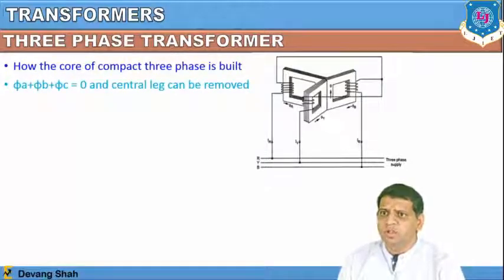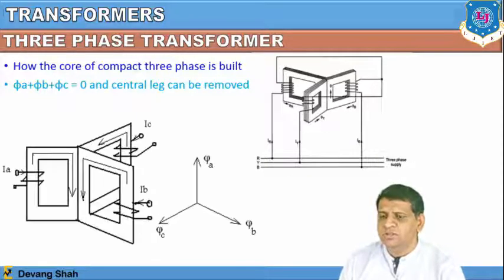So how is the core of the compact phase shift built? The magnetic flux throughout this three-phase transformer is phi A plus phi B plus phi C equal to 0. So you can easily remove the central leg this way. This is a simple construction of the three-phase winding, where on the outer limbs you can easily wind the primary and secondary windings, as in this phasor diagram.